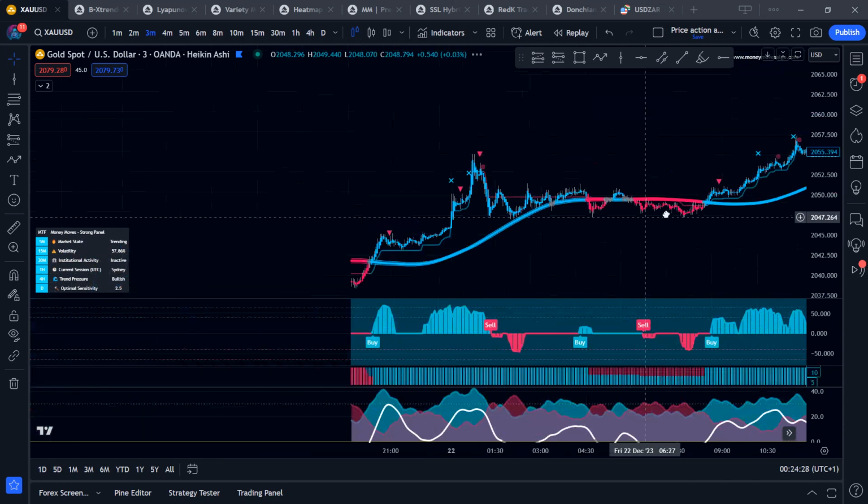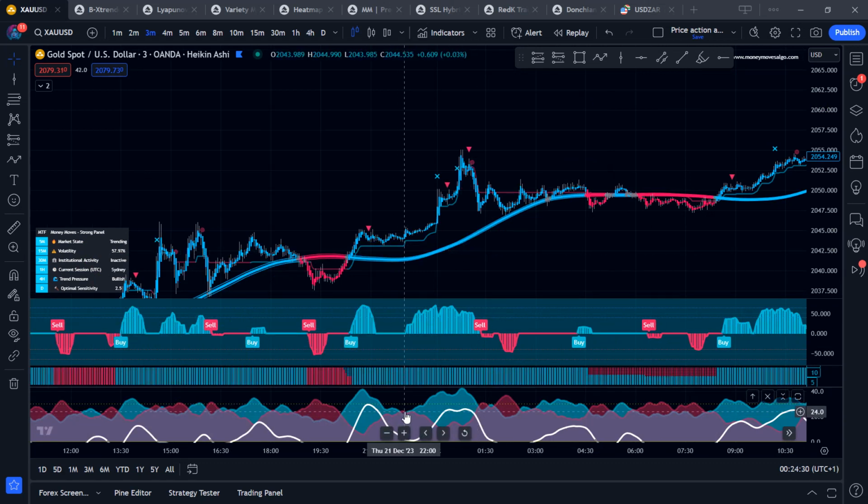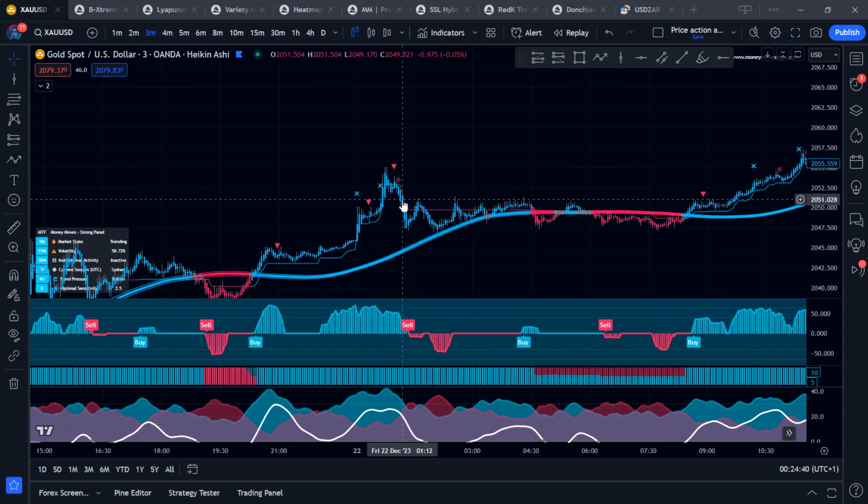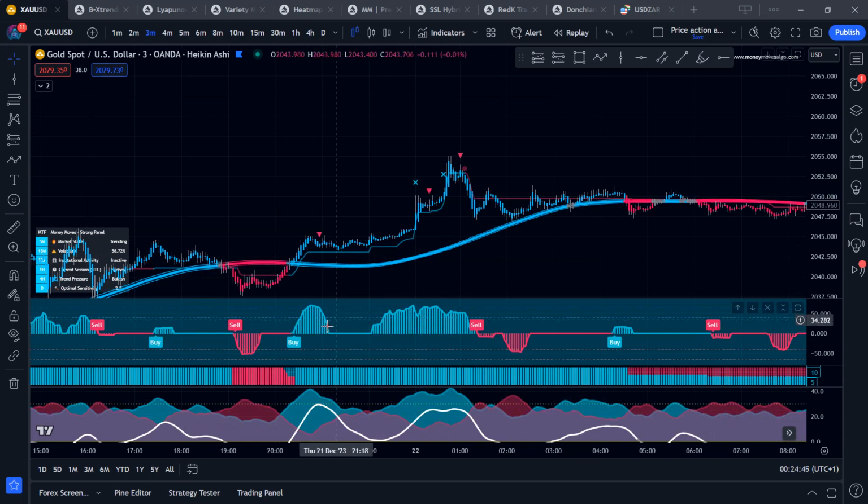Same thing here, it's a pullback, but we can also use it for exits. When it crosses over to a red one, we can use it for an exit, so we exit out of the trade if we want to. And also for this area right here, if it's flat, we can potentially understand that it could be a range or reversal.